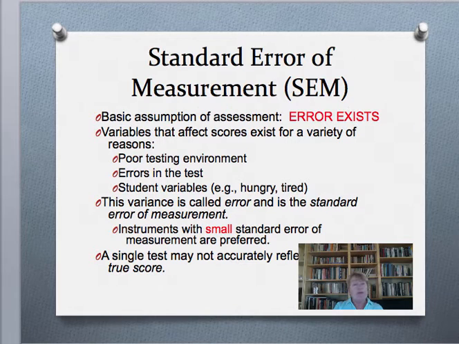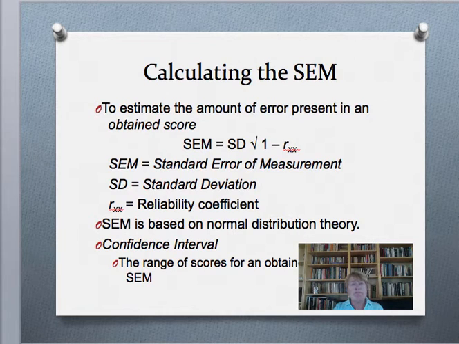Error is present, so the question is how much does my score fluctuate around the score I received today? And what we talk about now today in terms of test scores is that range of scores, or something called a confidence interval. And that's a very important term. And we're going to get to how it's applied also.